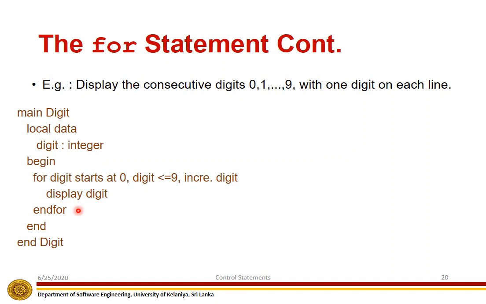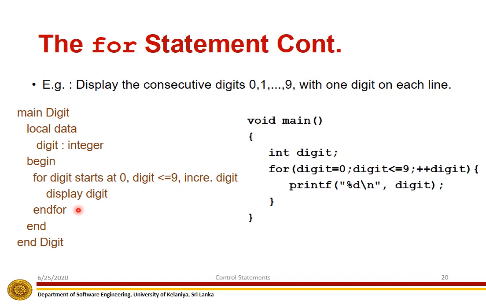So now we can write the code. In here, void main, then I only declare the variable. I have initialized the variable inside of the for loop. So int digit, only declaration. Then for loop: inside of the parentheses, digit equals 0, the initialization expression.